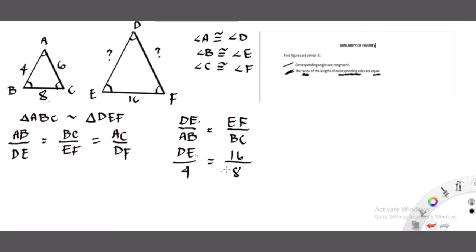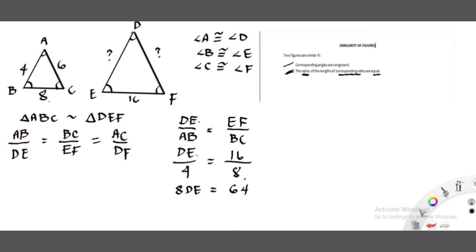Alright, so we have now this proportion. If you remember, for us to solve for the missing parts of a proportion, we will apply the cross multiplication property. Cross multiply natin. So, cross multiply DE and 8. DE times 8. So, that is 8 DE equals 4 times 16. Okay? 4 times 16 is equal to 64.